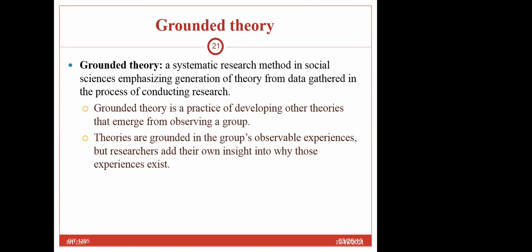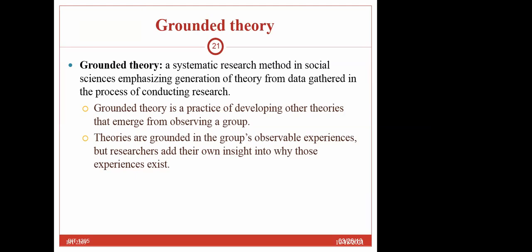So first, with grounded theory, there's going to be a theory that is got at the end of the day. A theory being an explanation of how things are happening or why things are happening the way they're happening. And with grounded theory, it is a practice of developing theories that emerge from observing a group.